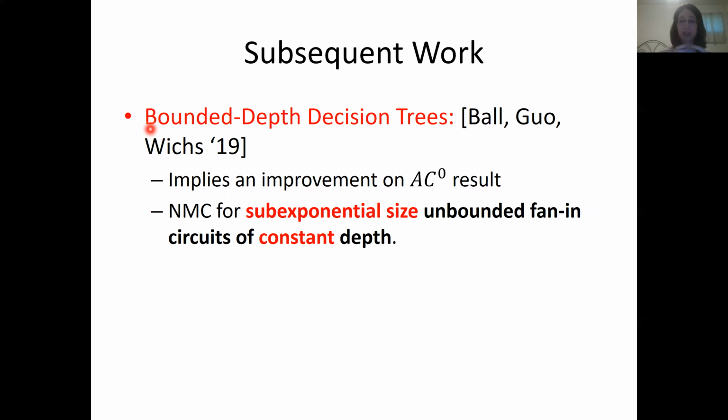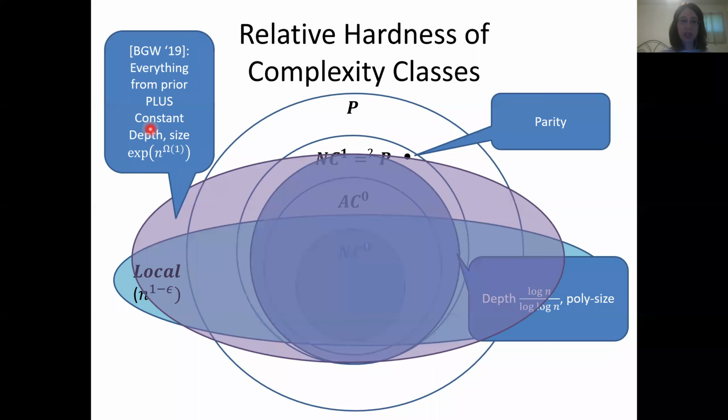Okay, so it's still constant depth, but now the size goes from polynomial to sub-exponential. And so pictorially, the follow-up work includes this purple circle. So everything from the prior result, and additionally, it includes constant depth and sub-exponential size circuits.